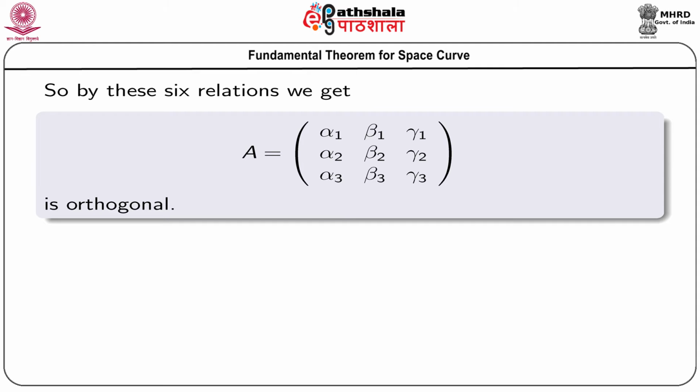This 3×3 matrix is orthogonal because A transpose equals identity.